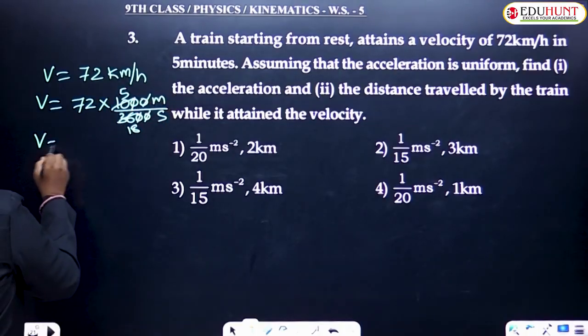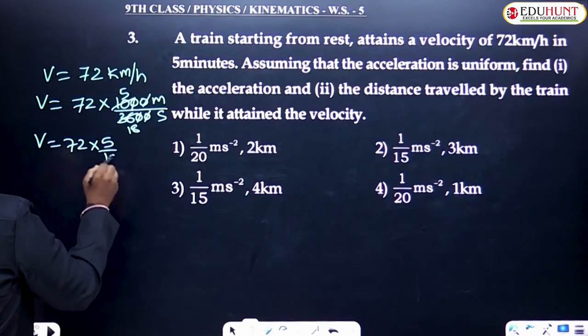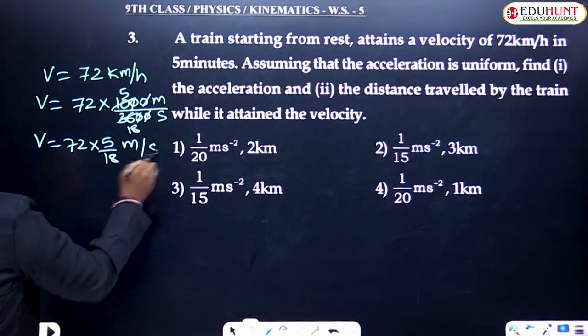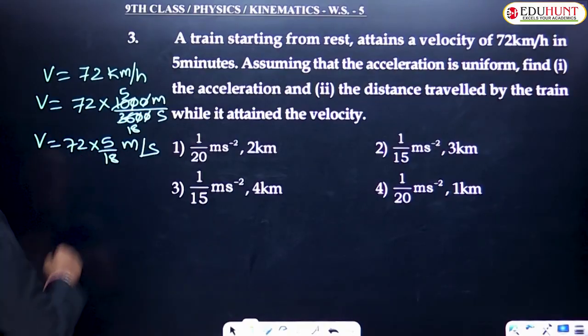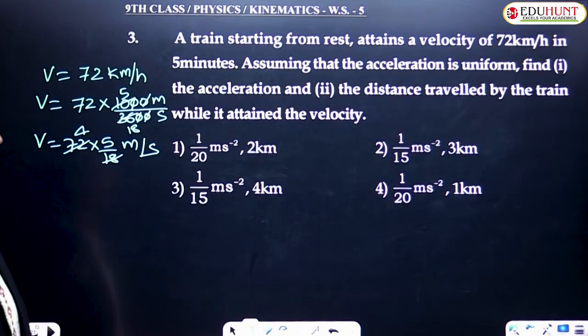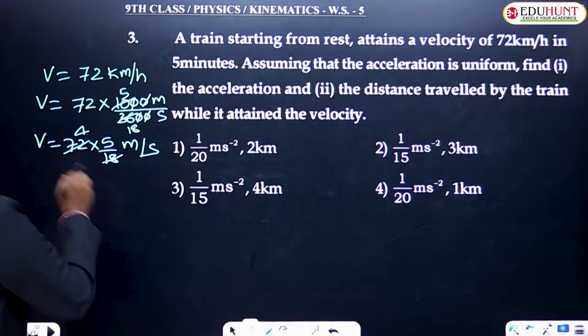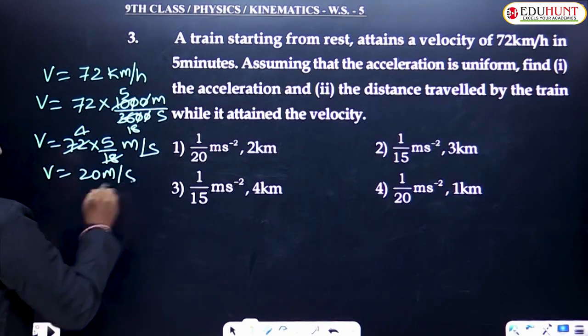So to convert kilometer per hour into meter per second, you need to multiply with 5 by 18. And this 18 goes how many times, children? 4 times. 18 fours are 72. So 4 into 5 is 20 meter per second.